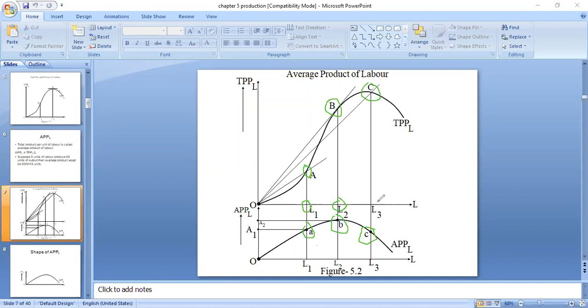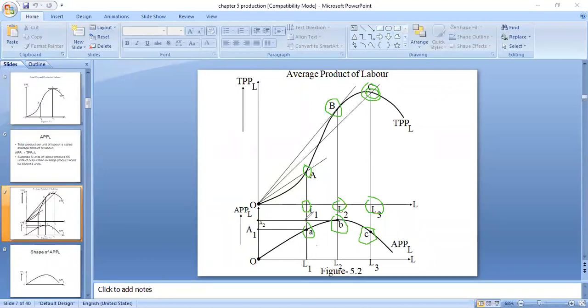Further, if you employ OL3 labor, you will reach the peak of total product, and you see that the slope at OC is flattening.